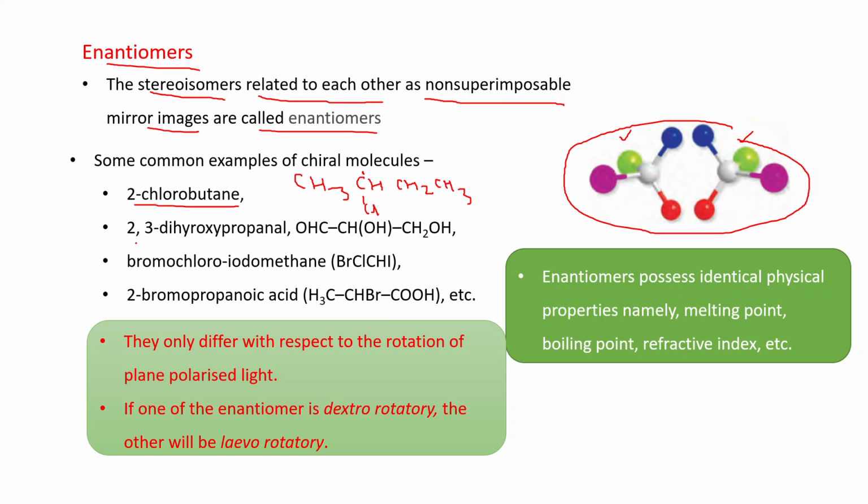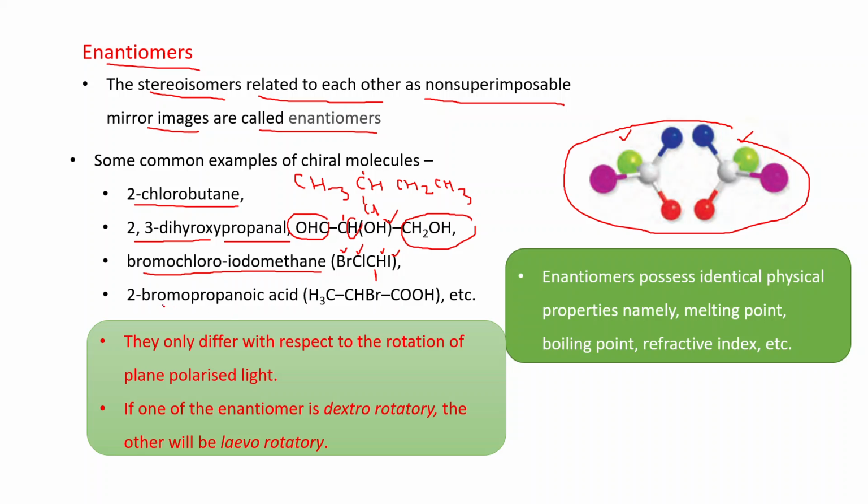The same way, 2,3-dihydroxypropanol. If you see this carbon, this is one group, this hydrogen is another group, this OH is the third group, and this CH2OH is the fourth group. All are different. This is bromochloroiodomethane. This carbon is attached with four different atoms: Br, Cl, H and I.